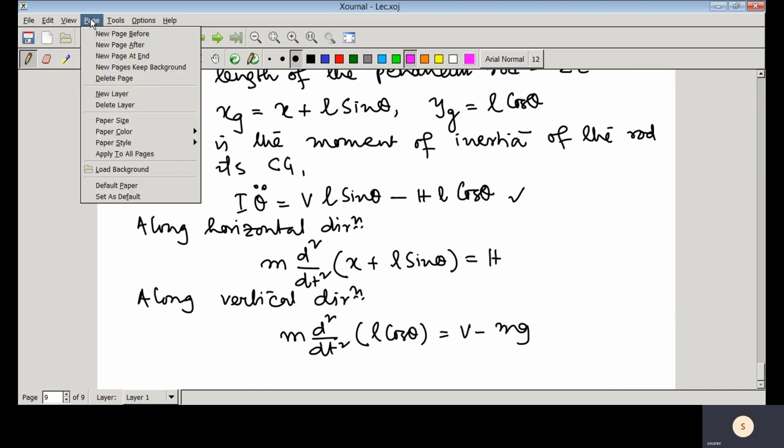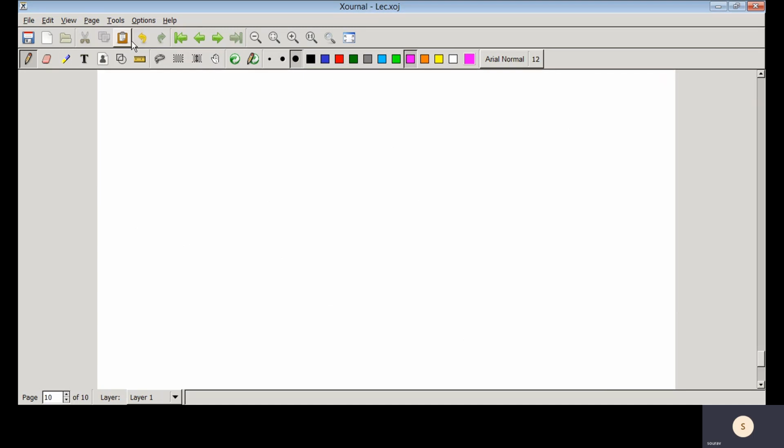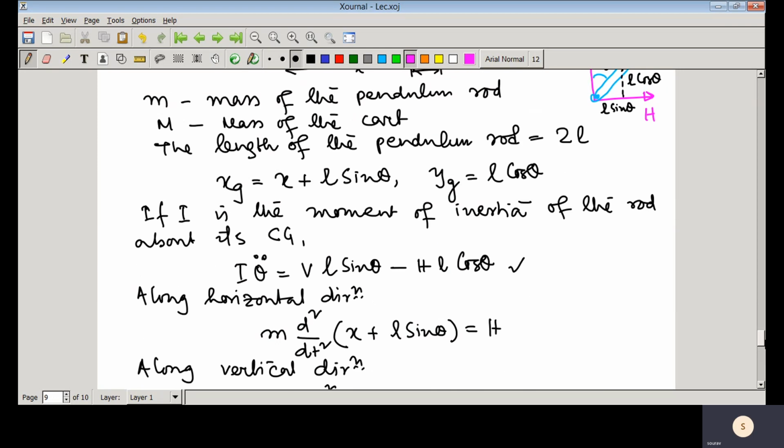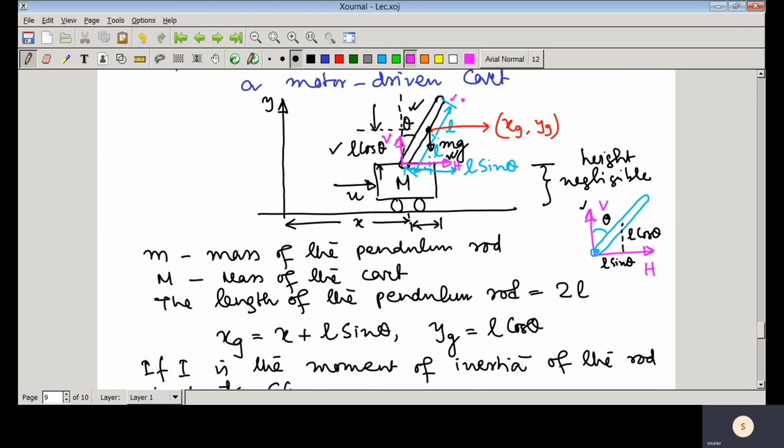So you have two equations, and then we can see what happens in the case of the cart, because this is all about the pendulum.